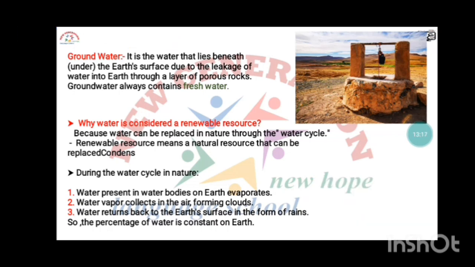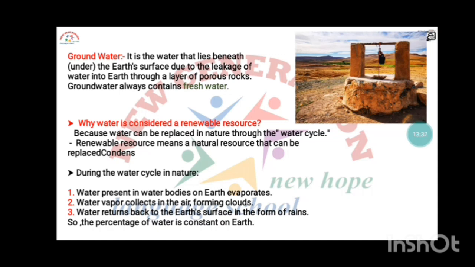Okay, why is water considered a renewable resource? At first, what is the meaning of renewable resource? What is meant by renewable resource?